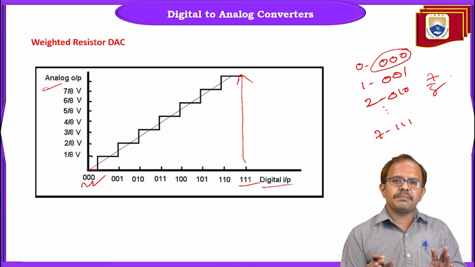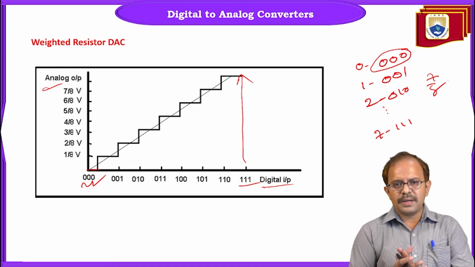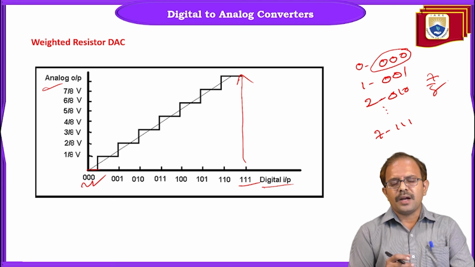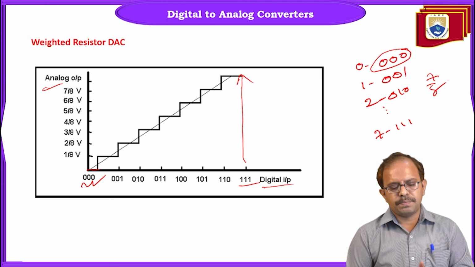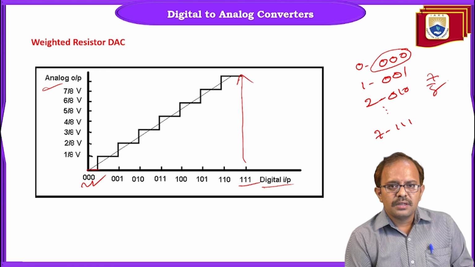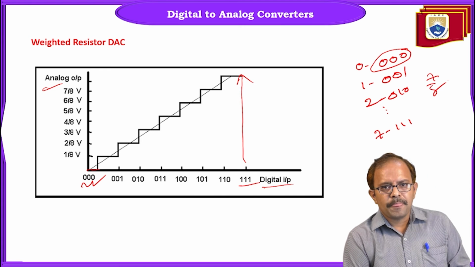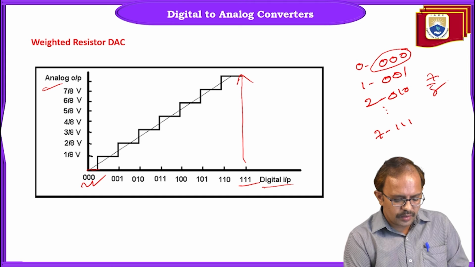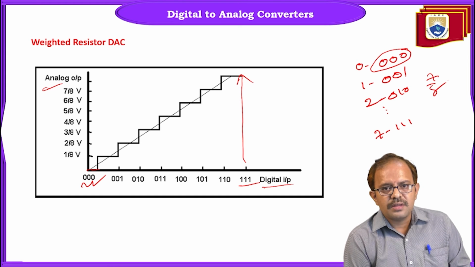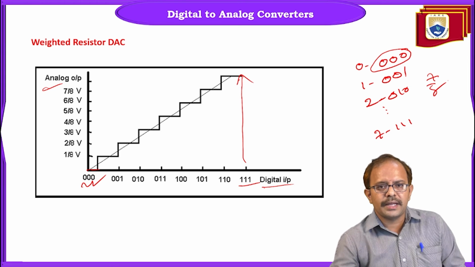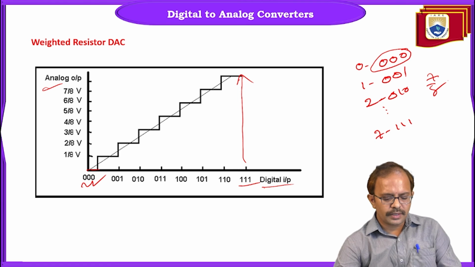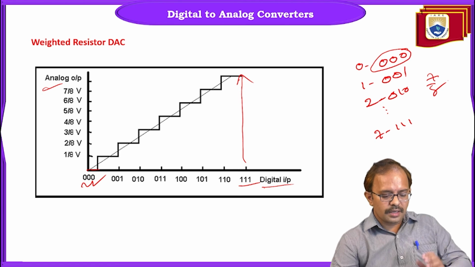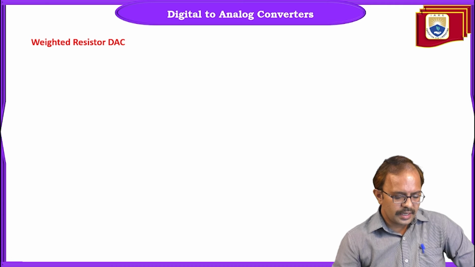This is just a comparison or relation between the obtained analog outputs for different digital data. These are the variations of the voltages that one can obtain for the weighted resistor DAC, right?